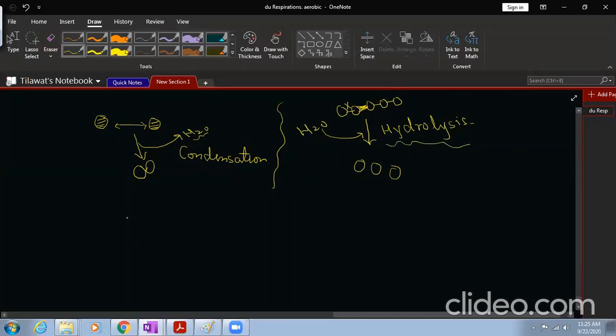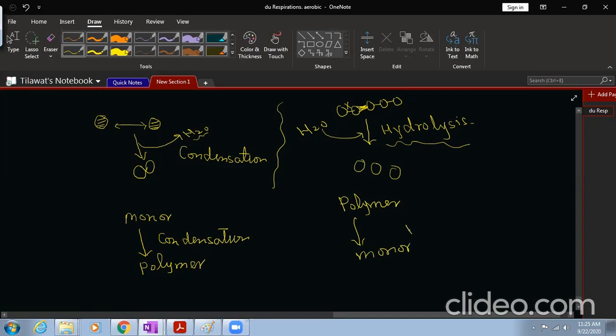It means that if I am converting monomer into polymer, that reaction is called condensation. While if I'm converting polymer into its monomer, that is hydrolysis. Am I clear? All right.